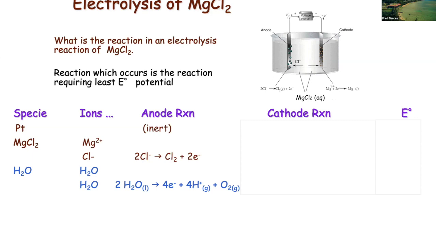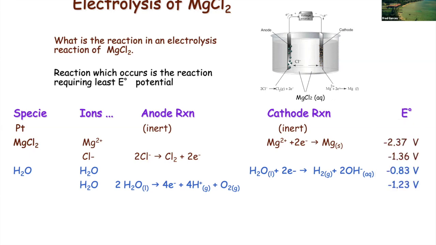At the cathode, we have magnesium, a new chemical that we haven't seen before, and water. We know that for this water, it's negative 0.83, but the magnesium is negative 0.237. That's the value you will find in the standard reduction potential. Again, what you are doing is looking at the competition, and the competition here is between this and this.